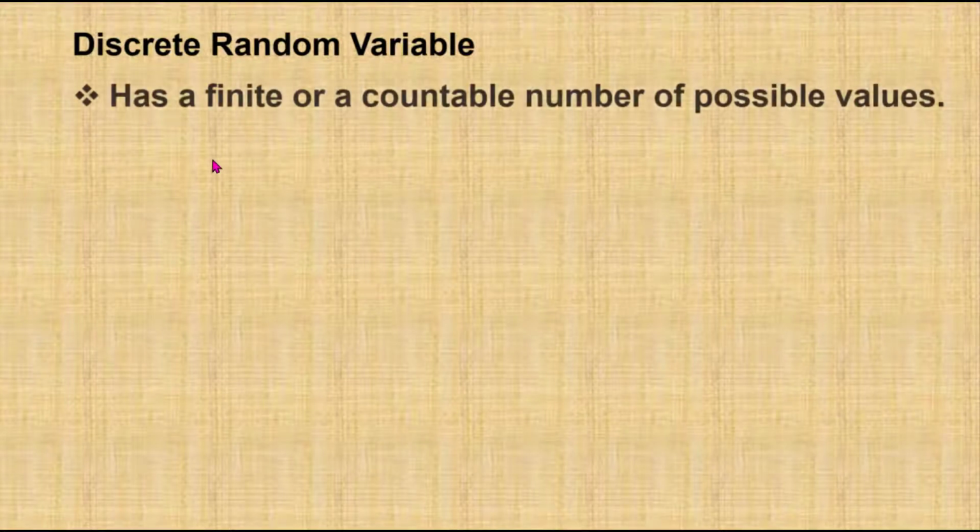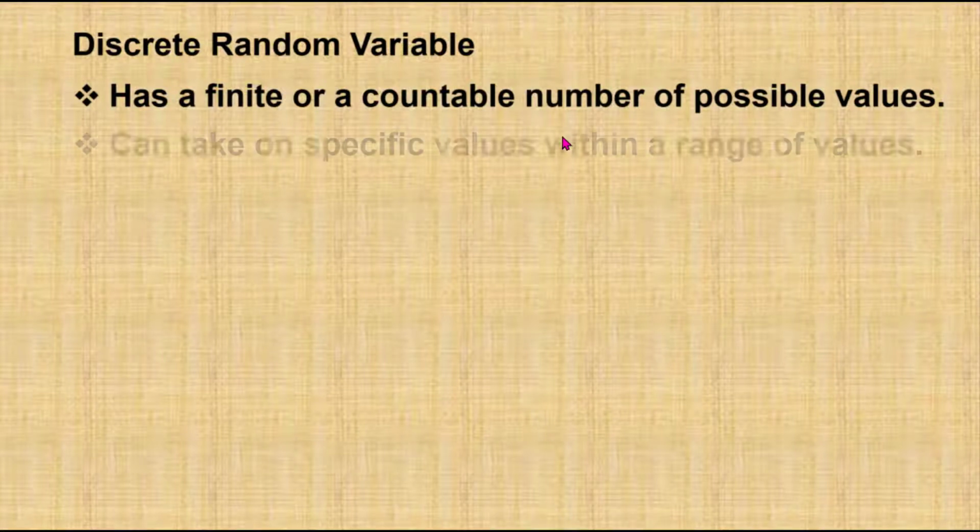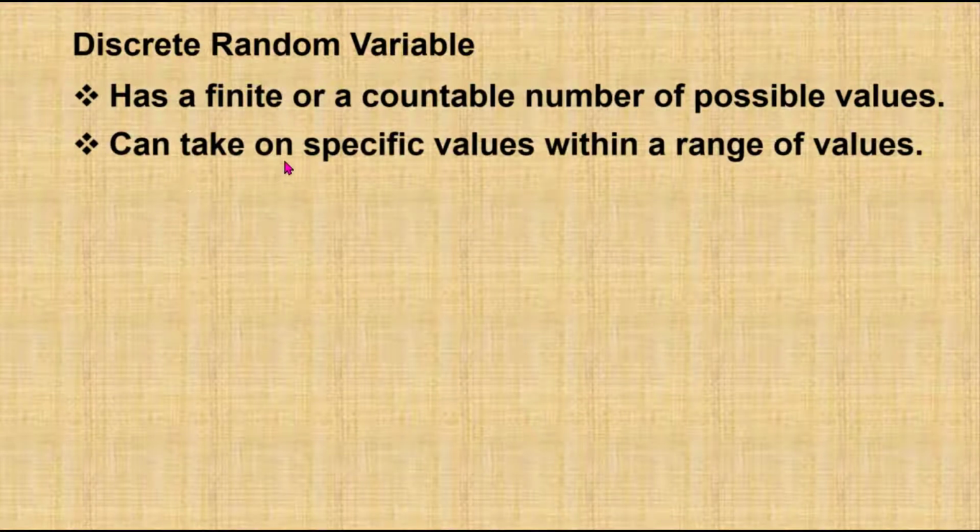Random variables can be categorized as discrete random variables and continuous random variables. We start from the discrete random variable. A discrete random variable has a set of possible values that are countable and can take on certain values within a range of values.